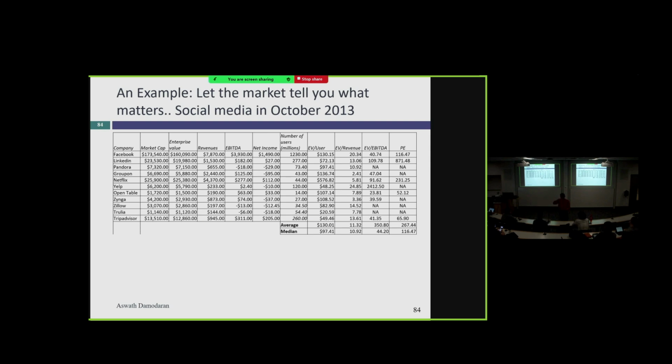Nobody uses EV to user anymore because we've realized how much noise there is in that. And that's why I said in AI, it'll be interesting to see the metric evolve over time, because people are struggling with what scaling metric they can use to compare an ARM to NVIDIA, the two large companies. I can't even think about what I would use other than revenues. But you can already see them struggling with young AI companies, which have very little to show other than a lot of potential.